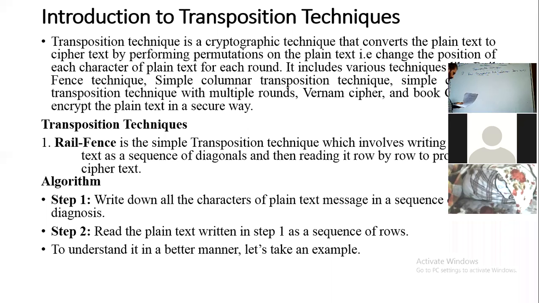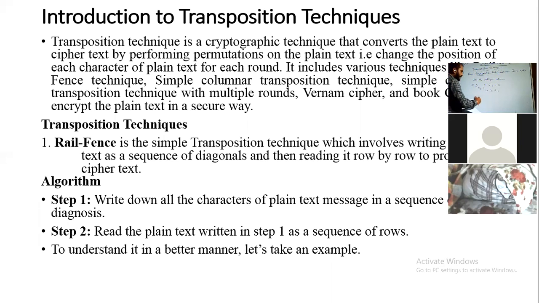We have a key of integer value. Let us suppose, for example, 4, 3, in this way, or you can say 4, 3, 2, 1. Okay, this is the key.